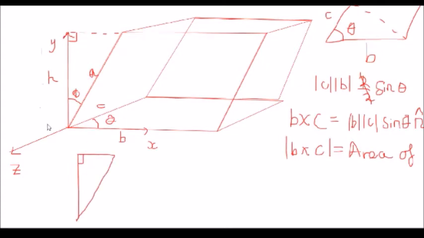That's the right angle there. That's the length that we're trying to find. That's the angle between the two of them. And that's a. So, how can we find h in this setup?